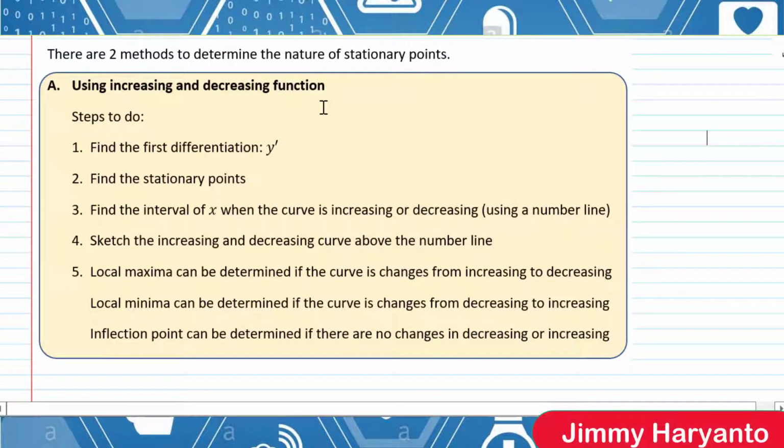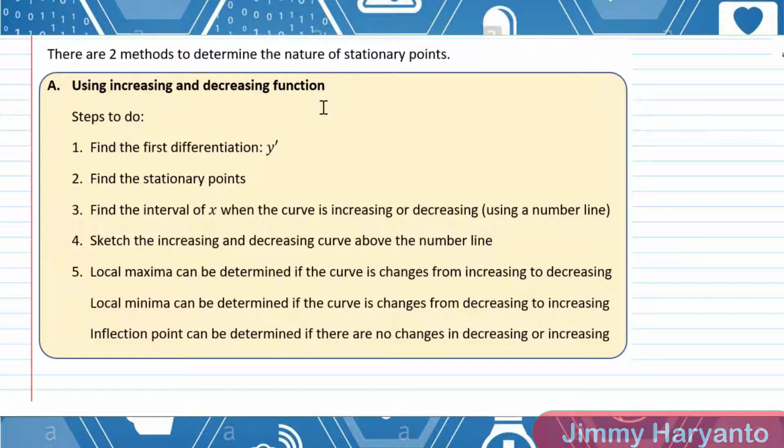The steps to determine the nature are: first, you have to find the first differentiation, dy/dx. The second one, you have to find the stationary points. The third one, you have to find the interval of x when the curve is increasing or decreasing using a number line. And then number 4, sketch the increasing or decreasing curve above the number line. You have to sketch a little bit.